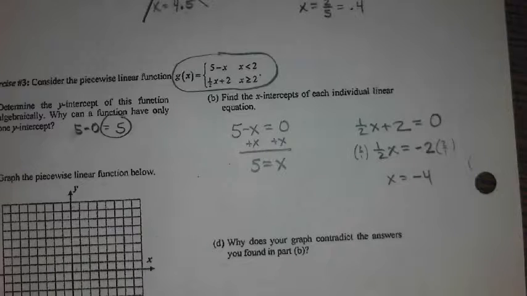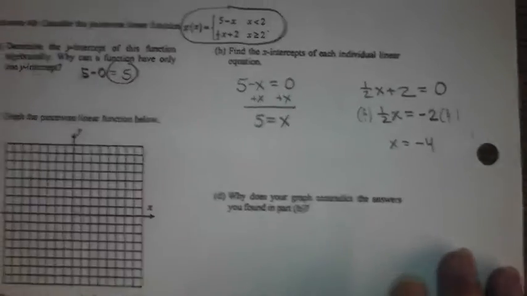Either you think both of them are good, or you think neither of them are good, or you think just the 5 is good, or you think just the negative 4 is good. Okay? Raise your hand if you think they're both okay. Raise your hand if you think neither are okay. Excellent. Good. So it looks like for the majority of us, we've picked up on that.